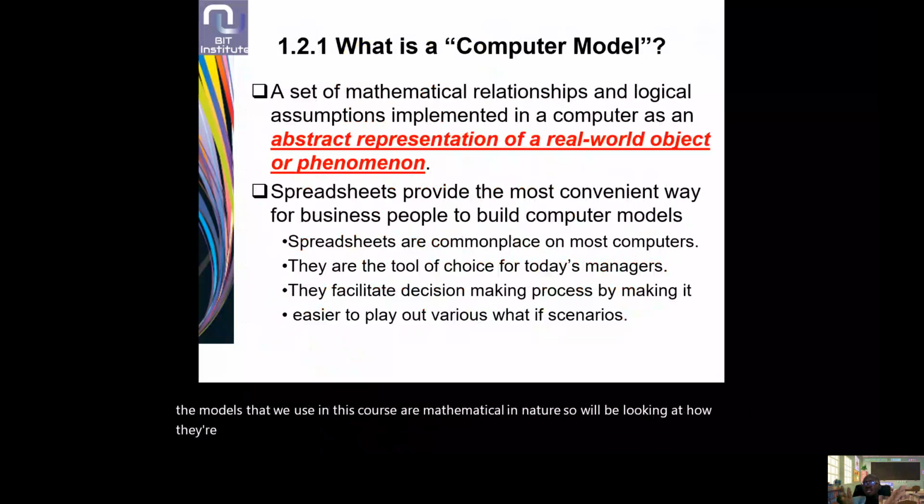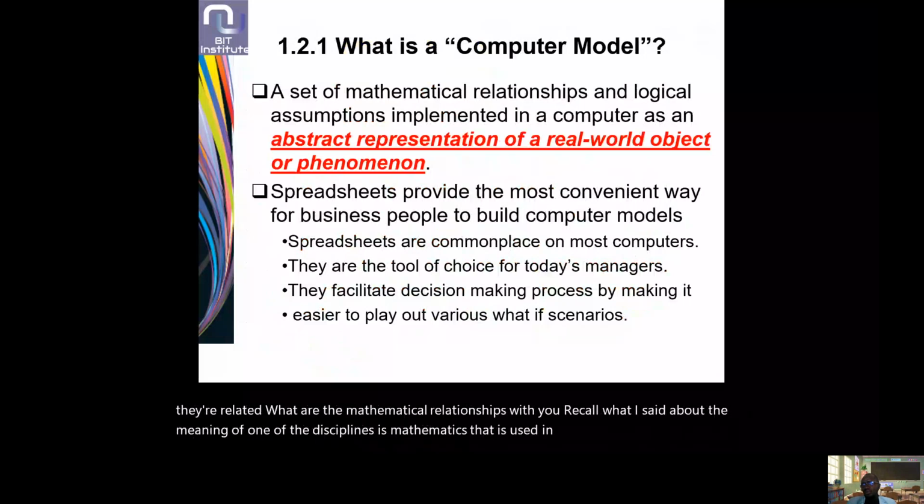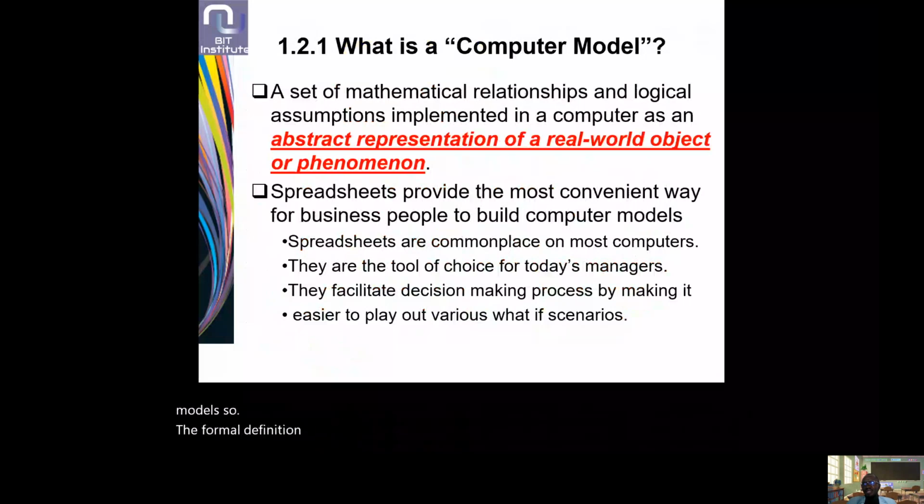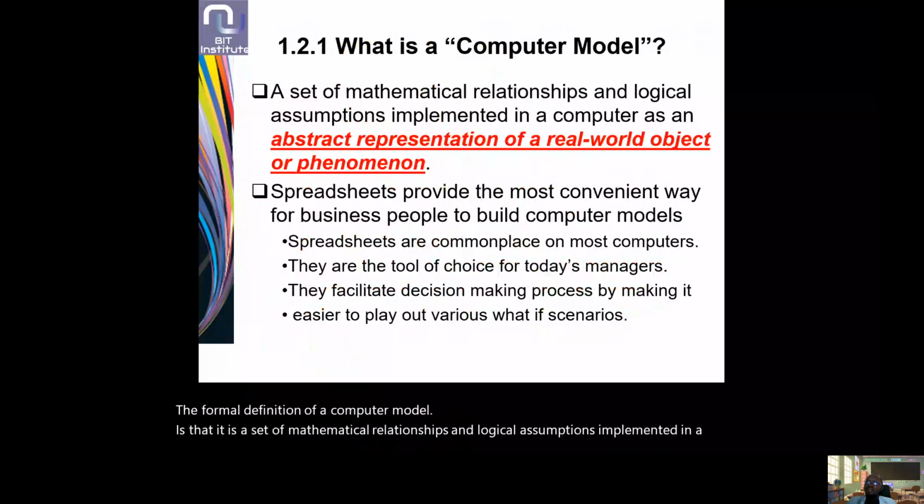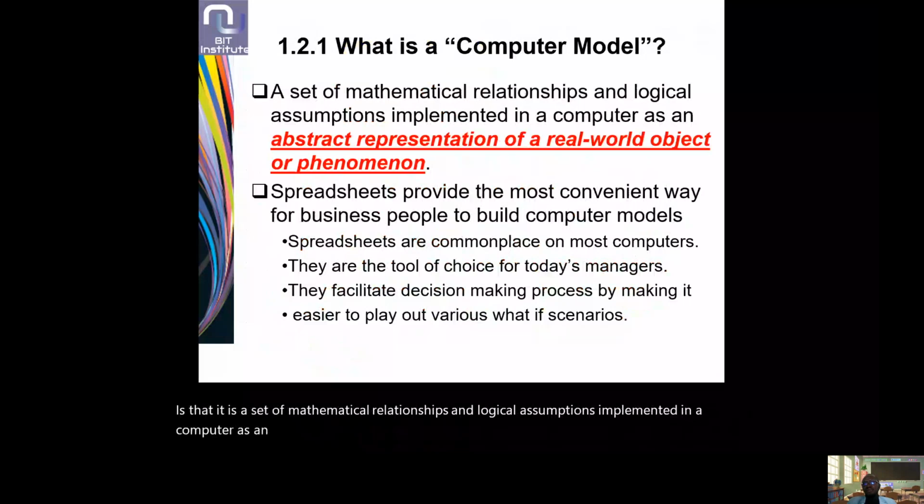What are the mathematical relationships? If you recall what I said about the meaning of one of the disciplines is mathematics that is used in developing business decision models. So the formal definition of a computer model is that it is a set of mathematical relationships and logical assumptions implemented in a computer as an abstract representation of a real-world object or phenomenon.